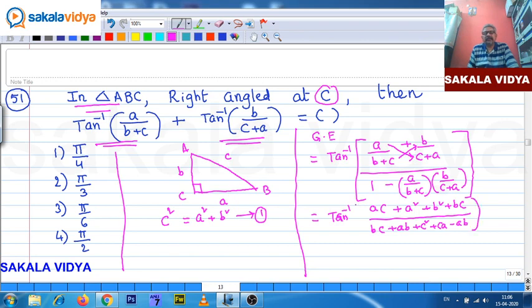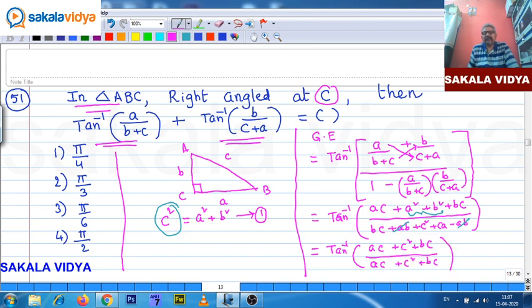Interesting: instead of a square plus b square, we can substitute the c square value. So it becomes tan inverse of ac plus c square plus bc upon, see what happens, plus ab minus ab gets cancelled, the remaining is ac plus c square plus bc.